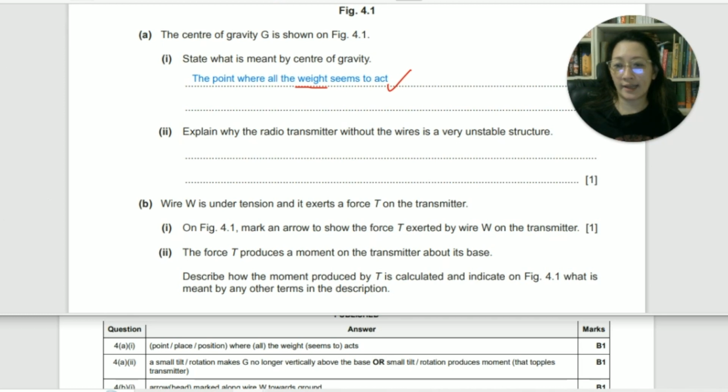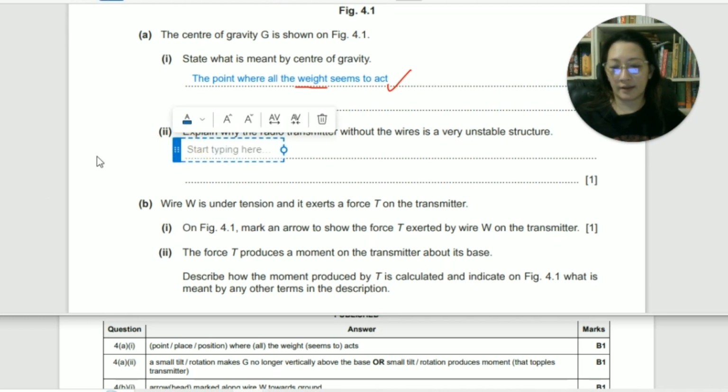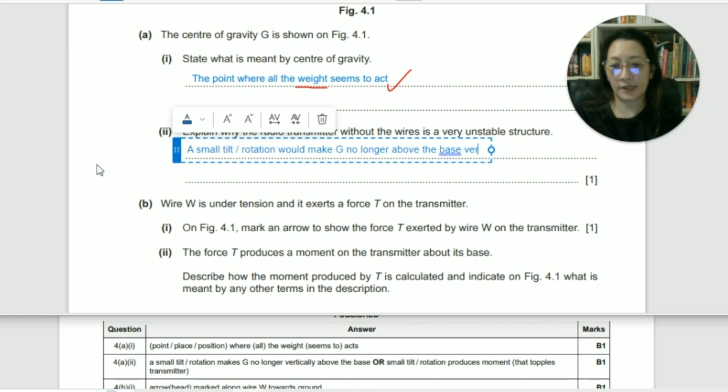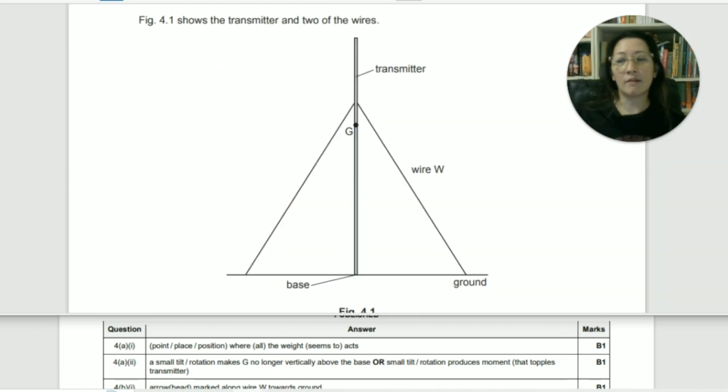You can either say that a small tilt or rotation would make G no longer above the base vertically. Because the only way for the transmitter to remain stable is when G is directly above the base. So there will be no toppling over.